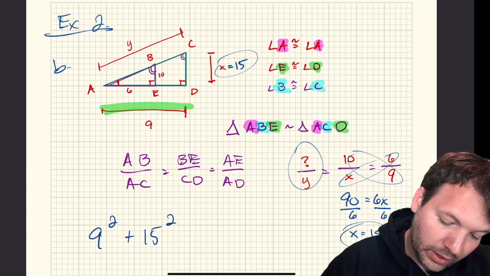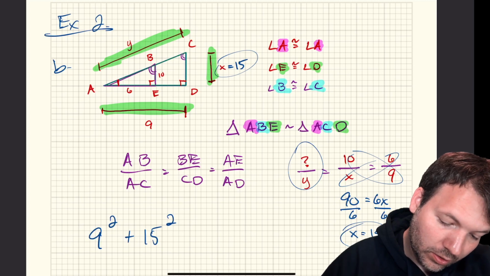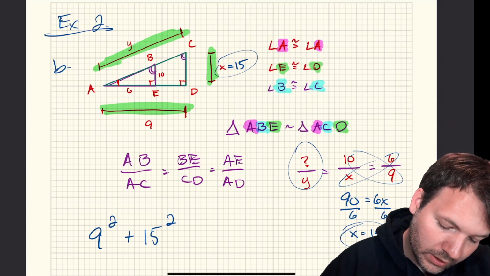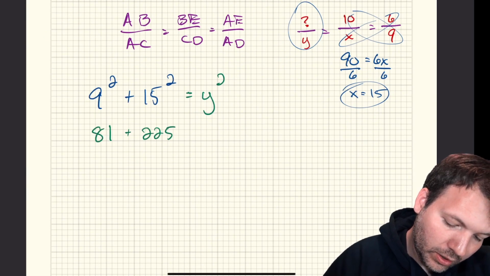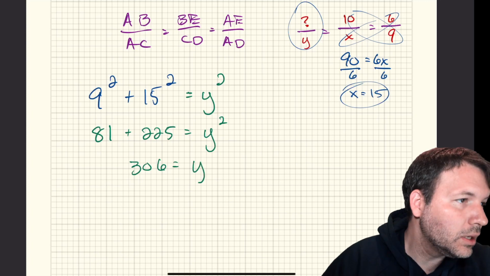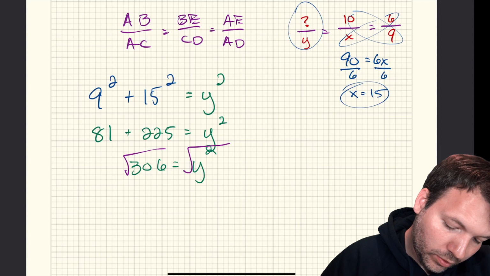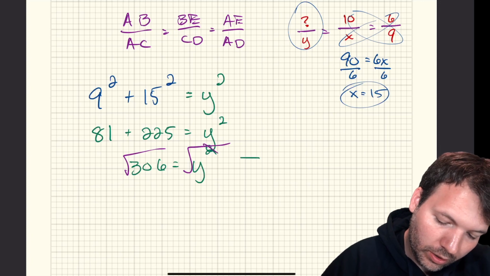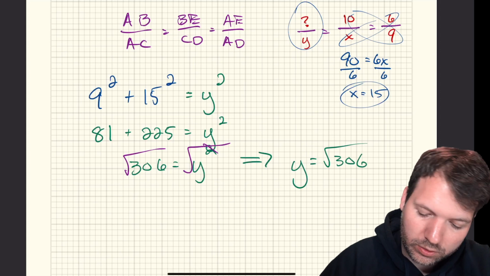I'm looking at these lengths here, 9 by 15, and that's going to correspond to y squared. 9 squared, 81. 15 squared, 225 equals y squared. 306 equals y squared. And so then when we take the square root on each side to get rid of the square, we get that y is equal to the square root of 306.